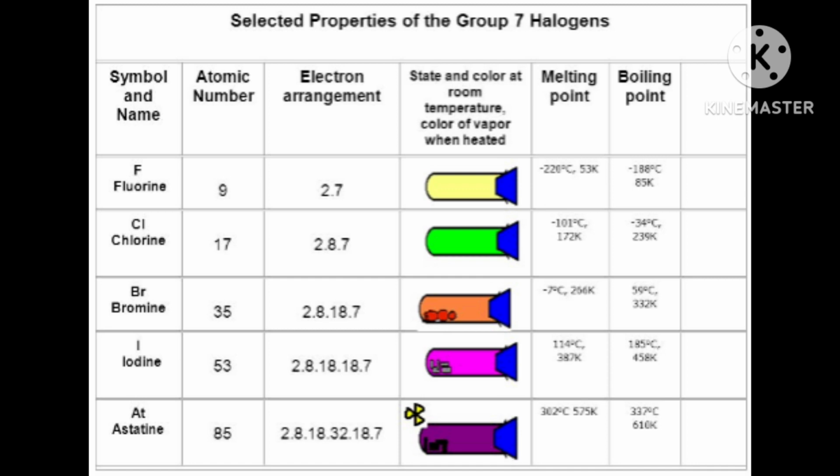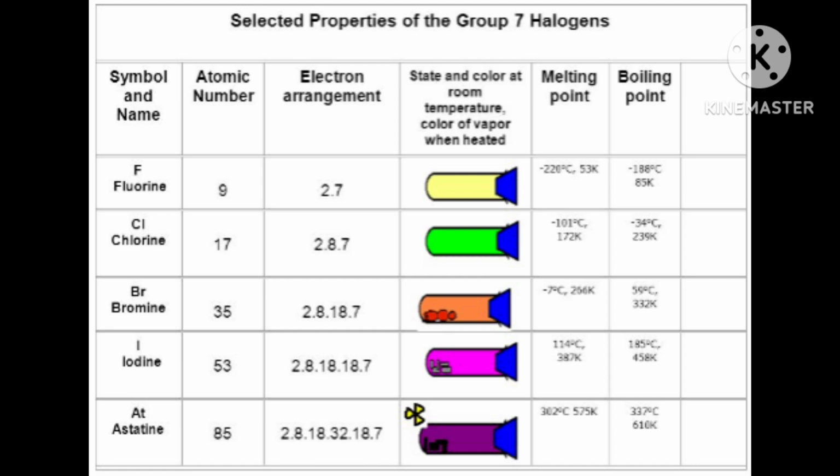The atomic radius of fluorine, like the other elements of the second period, is extremely small, very small size.